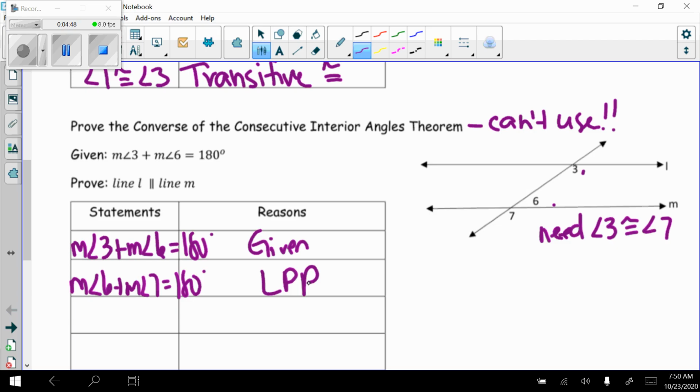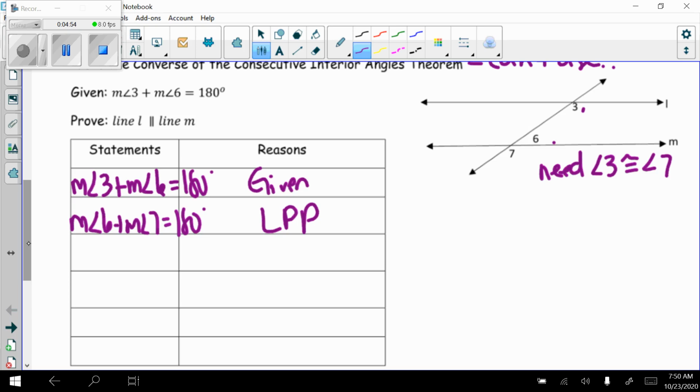Now I need to get 3 and 7 together. I have two things that are equal to 180. I have equal signs, so I can use substitution. So now I'm going to say measure angle 3 plus measure angle 6 equals, instead of 180, I'm going to substitute measure angle 6 plus measure angle 7, because that also equaled 180, by substitution.